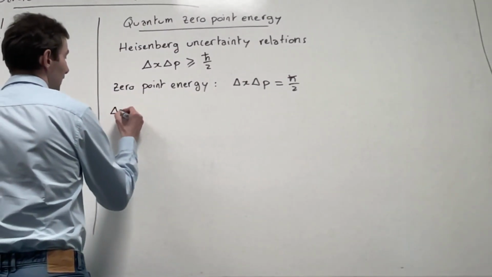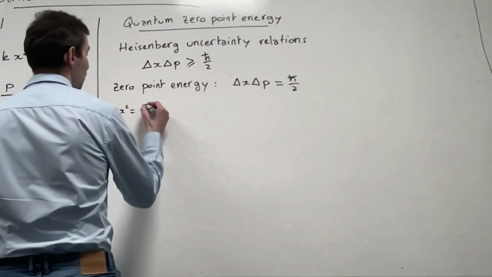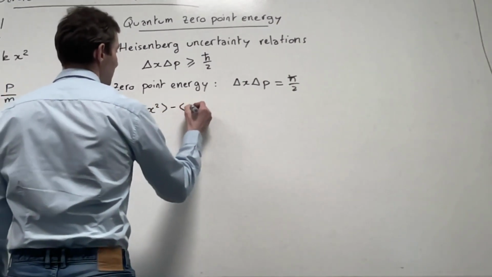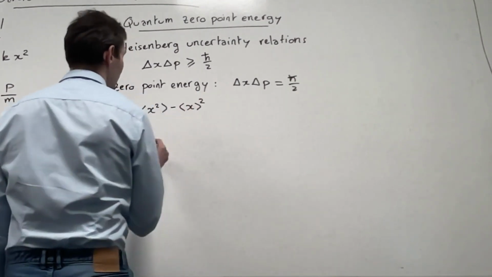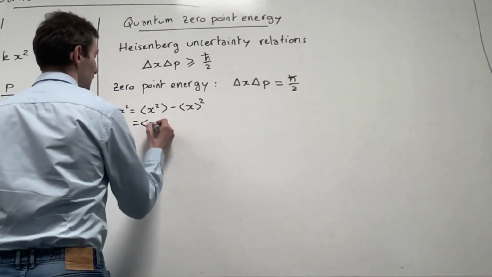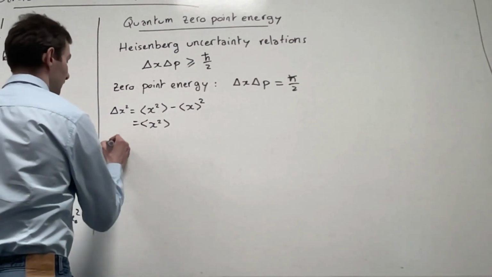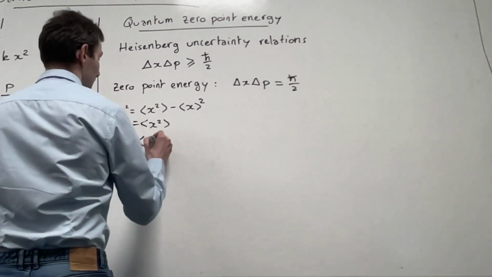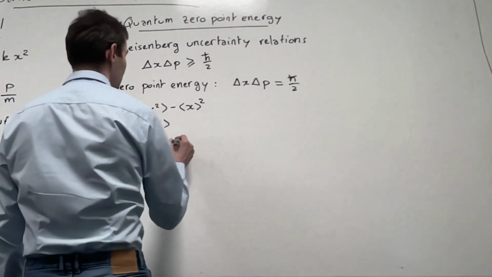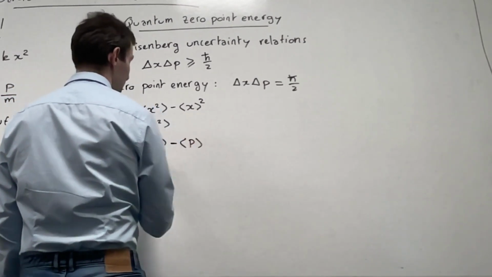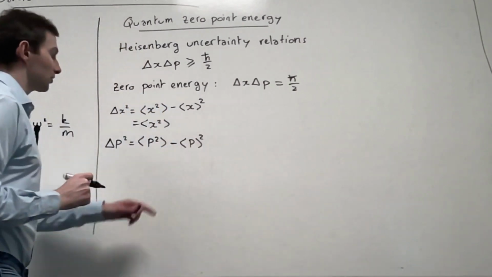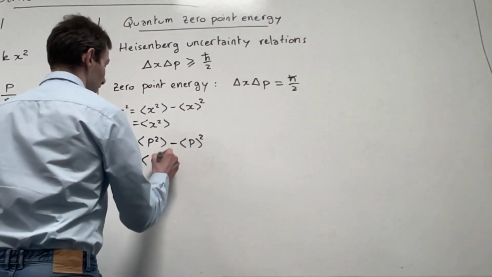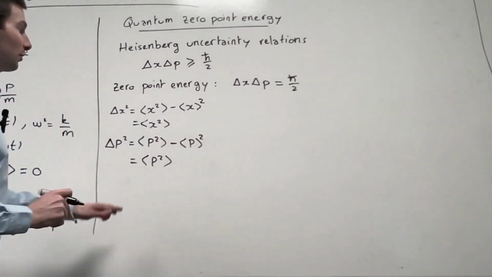Delta x squared is equal to the expectation value of x squared minus the square of the expectation value of x, and delta p squared is the expectation value of (p minus the expectation value of p) squared, that is, the expectation value of p squared minus the square of the expectation value of p. Therefore, these are directly the delta p's.